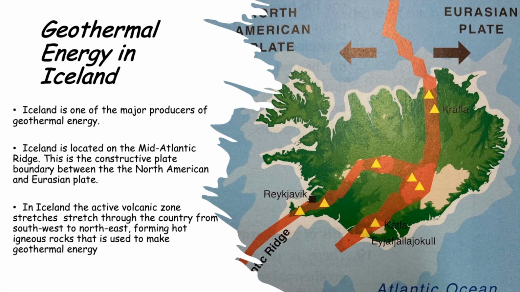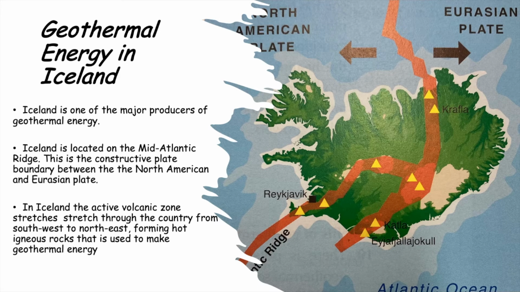Because of its location on the mid-Atlantic ridge, okay, so Iceland is located between America and Ireland, right in the middle of the Atlantic Ocean, and it's along the mid-Atlantic ridge, which is where the North American plate and Eurasian plate are separated from each other. It's a constructive plate boundary, so there's plenty of volcanic activity happening there. The volcanic activity is quite close to the Earth's surface.